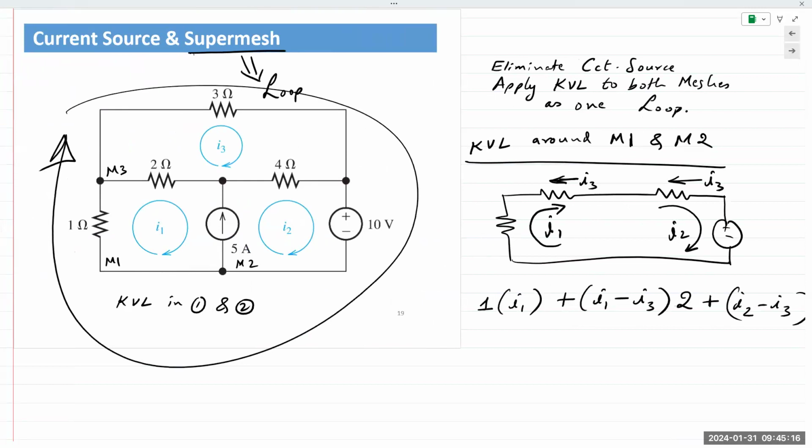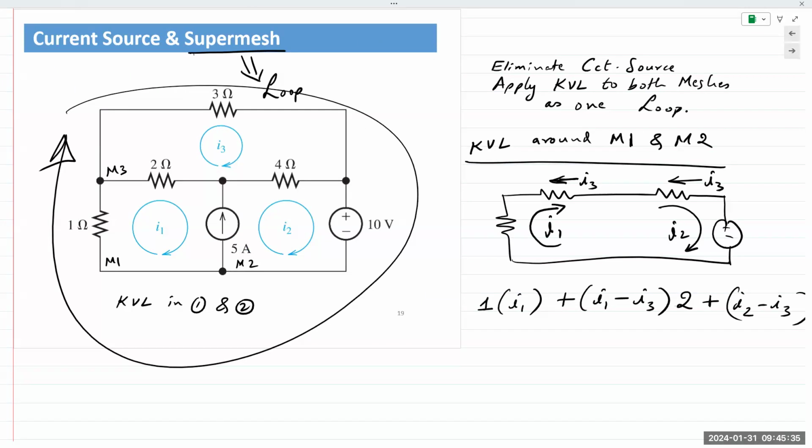That would be an even bigger super mesh. Again, the whole point is we should have a sufficient number of equations to solve for our unknown variables. In here, I have 3, I1, I2, and I3. So I need at least 3 equations to solve for them.